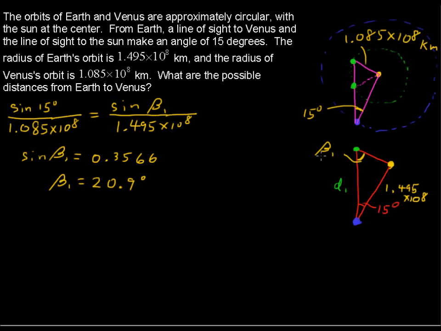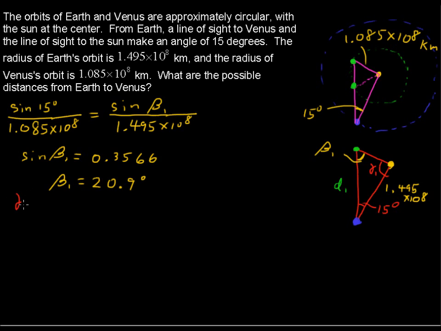We have that here. So now we can proceed to solve for d sub 1. Well, first I have to find this angle. We'll label this angle gamma sub 1. This angle between Venus and the Earth from the Sun's point of view.